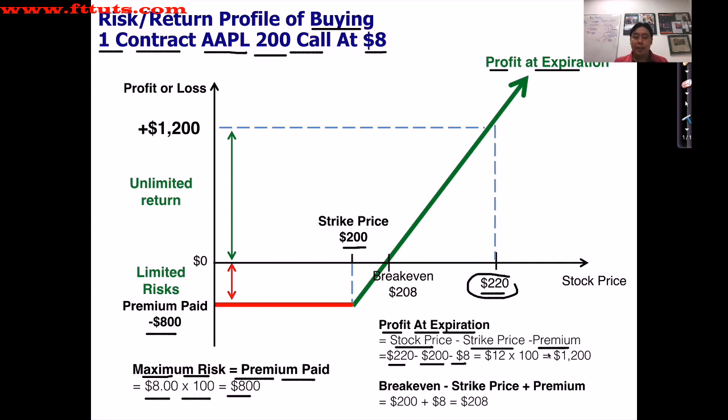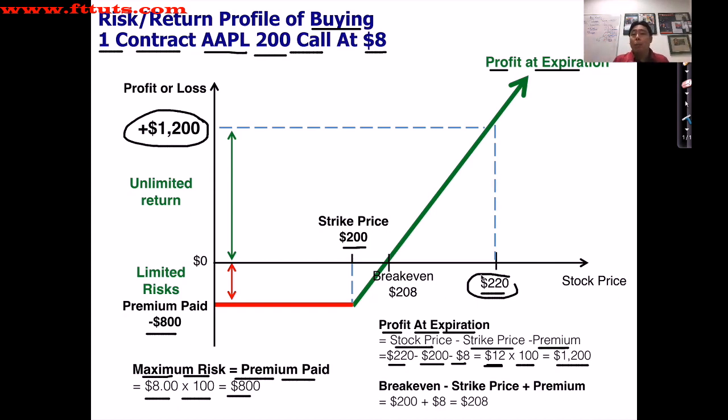That gives us $12. $12 multiplied by 100 shares is $1,200, which is our net profit. So if Apple goes to 220, we make a profit of $1,200. That is our minimum profit at expiration. In fact, we could make more than that if we sell it before expiration, but more on that later on.